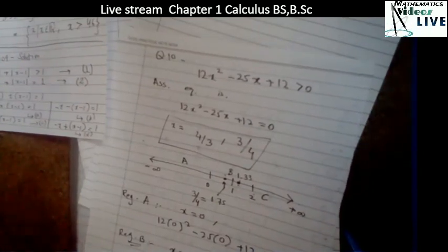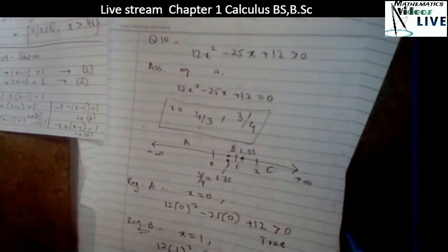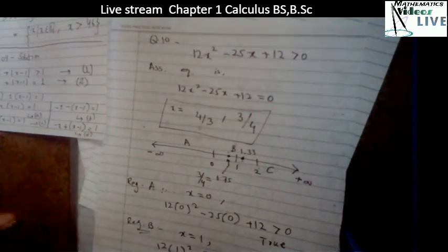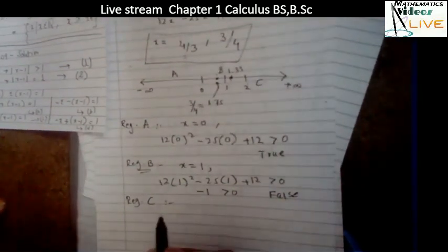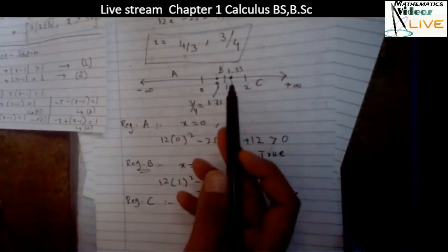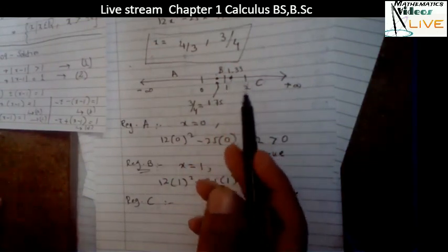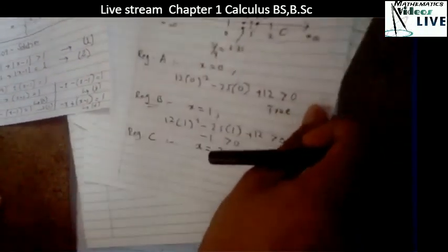Similarly, now we will check region B. In this region, one of the test points is 1. You can put x is equal to 1 as a test point. You get 12 times 1 square minus 25 times 1 plus 12 greater than 0. And the answer is 24 minus 25, which is minus 1, greater than 0. No, this is false. So this is not in the solution region.